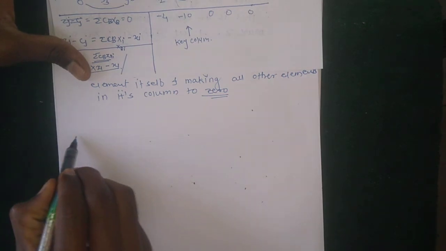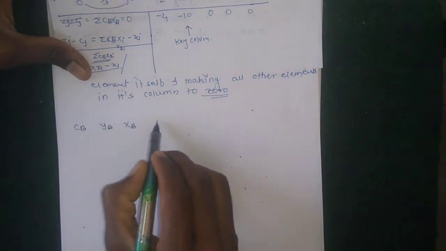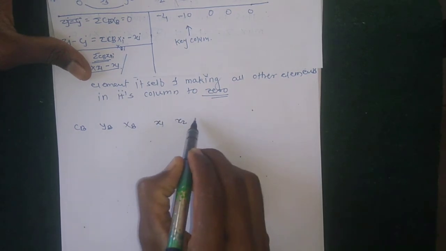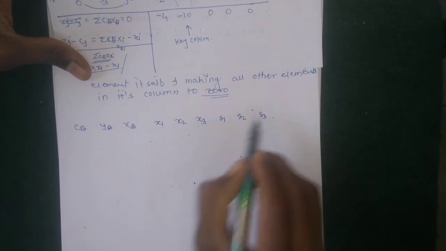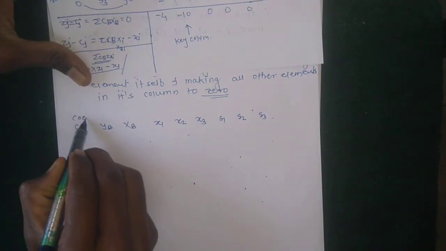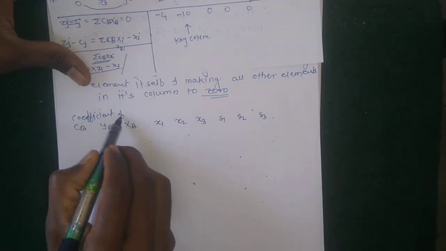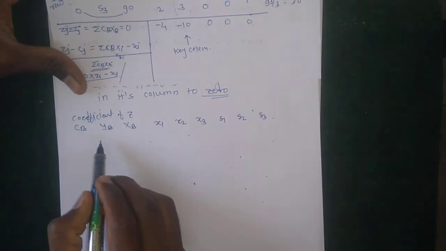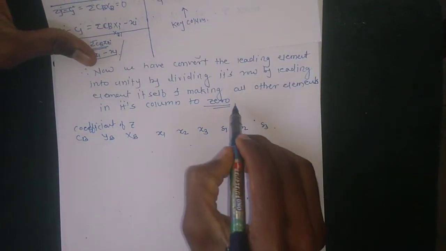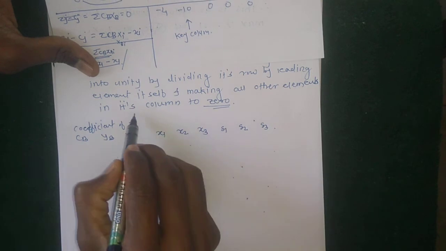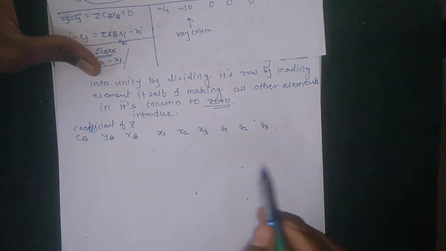So the columns are CB, YB, XB, then X1, X2, X3, S1, S2 and S3, and the coefficient of Z. Here also we directly write all 3 steps in one column.